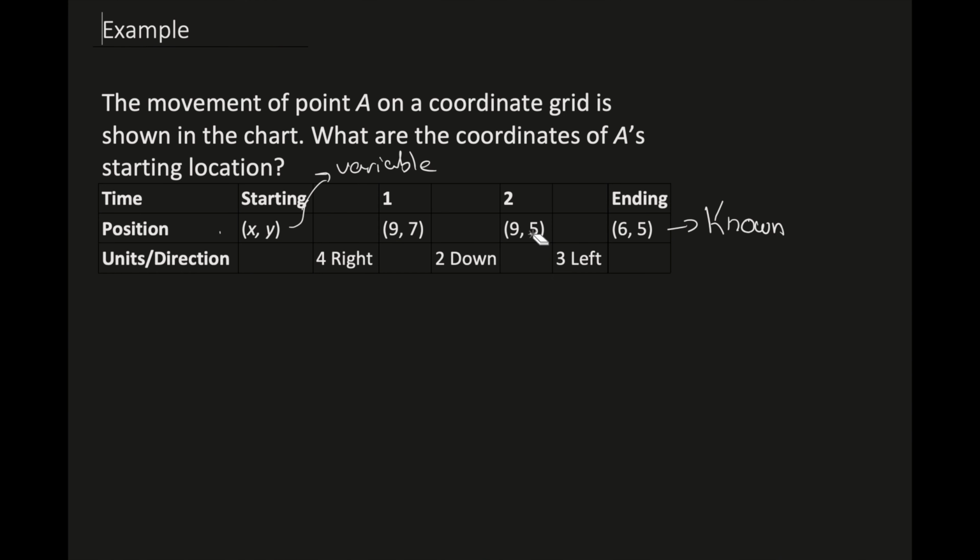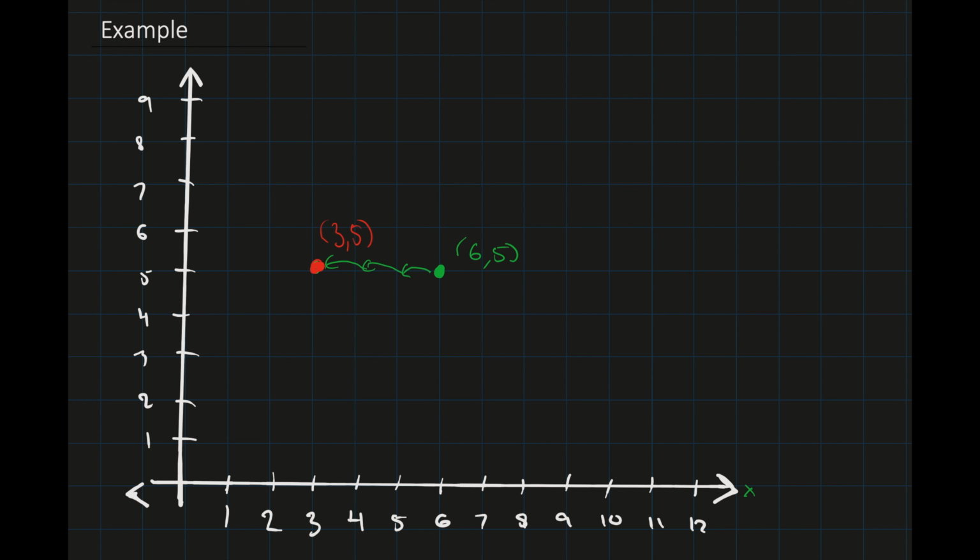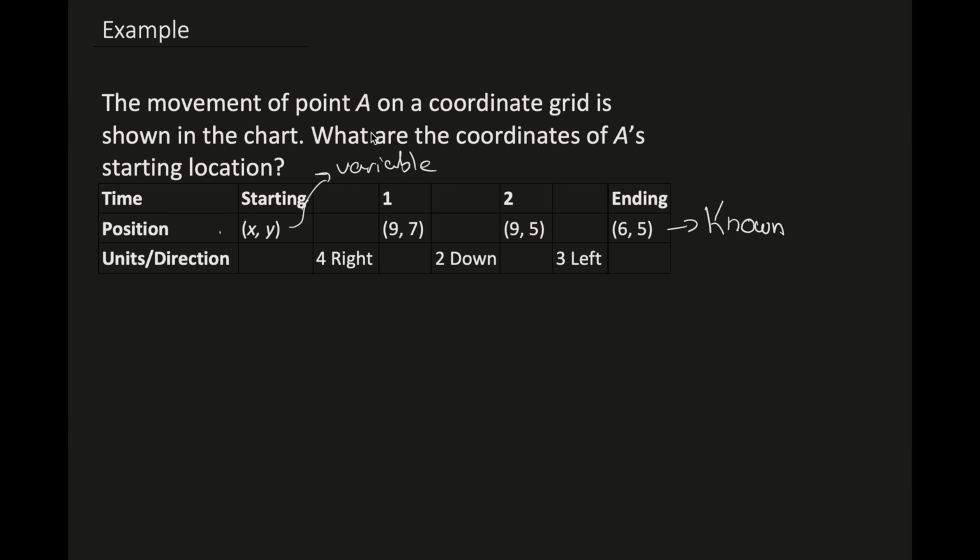So we have 9. 9 is the x-axis. So let's move across the x-axis to 9. Go here: 1, 2, 3, 4, 5. So we went 5. We went along the x-axis.